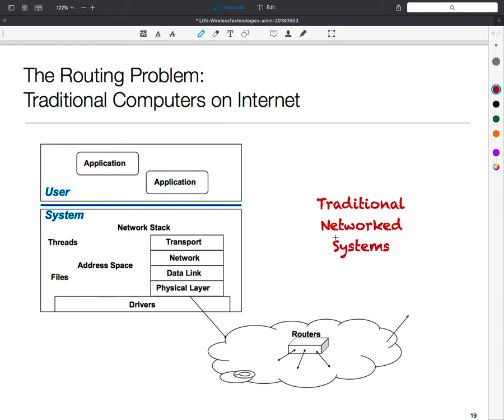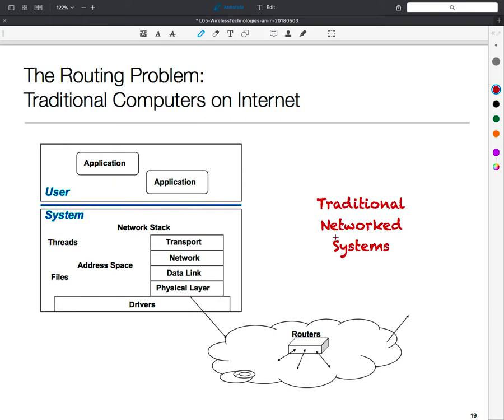So in the case of the internet, in your operating system there's a whole network protocol stack, where the physical layer is the Ethernet, the data link layer is where the MAC protocol resides, the network layer is where your IP addresses and routing happen, and the transport layer is what TCP is.